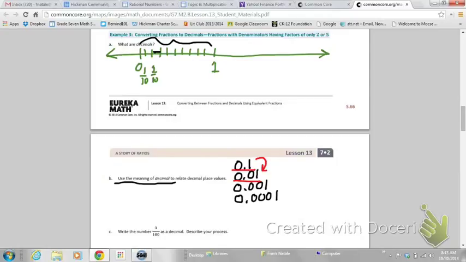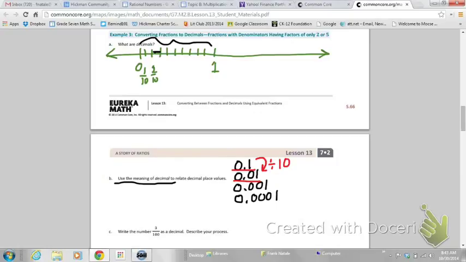So what I've done here is I've divided by 10.